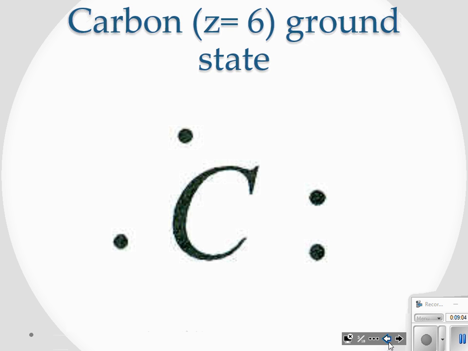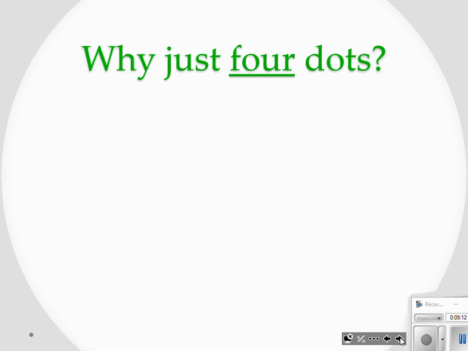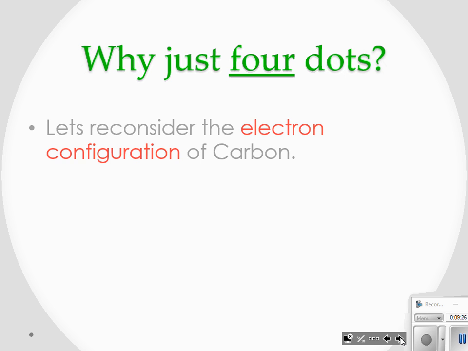Carbon has these 4 dots around it. Each dot represents an electron. Now, if we look at our electron configuration, if we make it for carbon real quick, it's going to be 1s2, 2s2, 2p2. Correct?